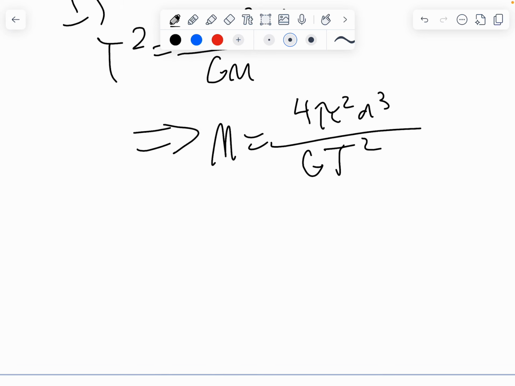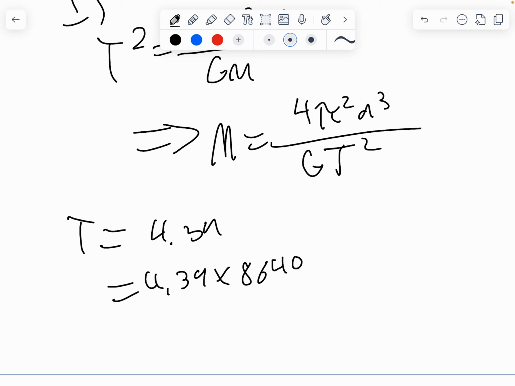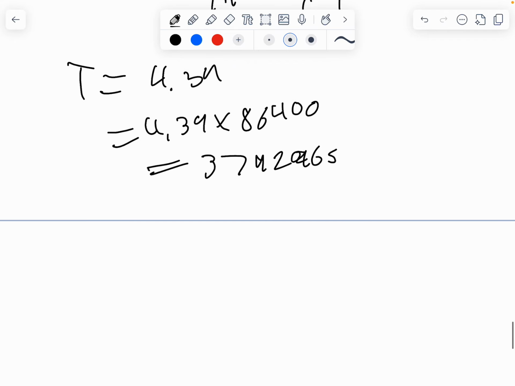Okay, now we're going to convert time into seconds. So T equals 4.39 days. That would be 4.39 times 86,400, which would leave you with about 379,296 seconds. And this is what we're given.